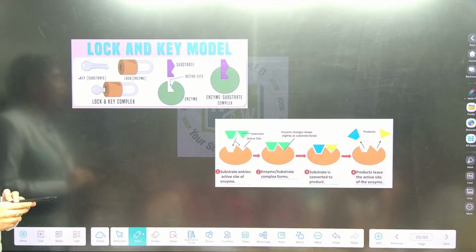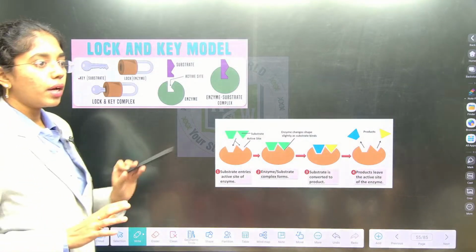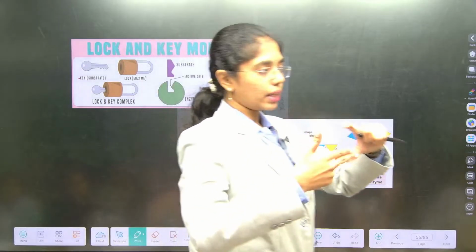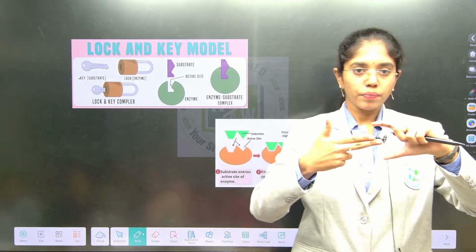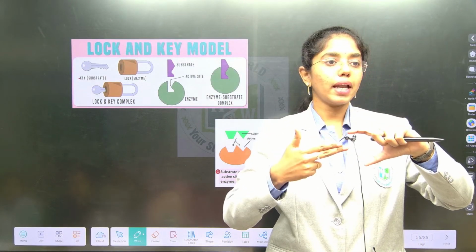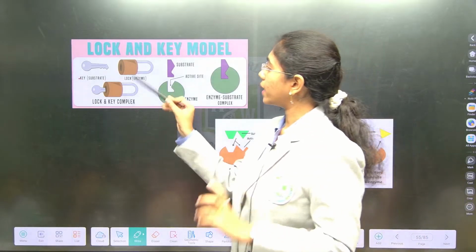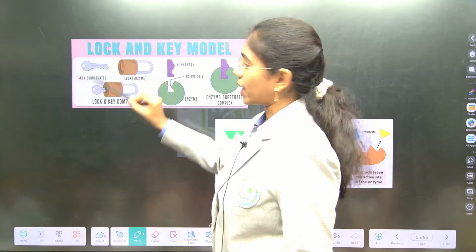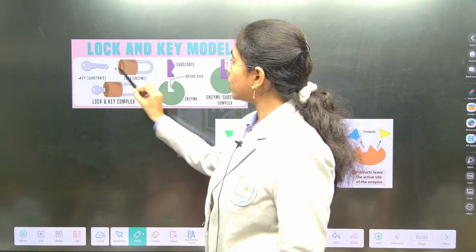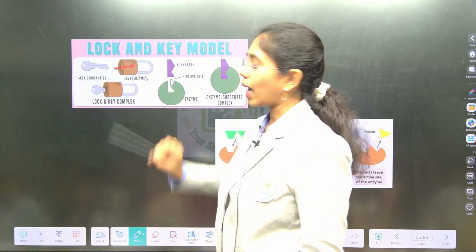The lock and key hypothesis is not widely accepted because it is mechanical, and the structures are not flexible. The site is considered the active site, into which the key fits into the lock as enzyme.